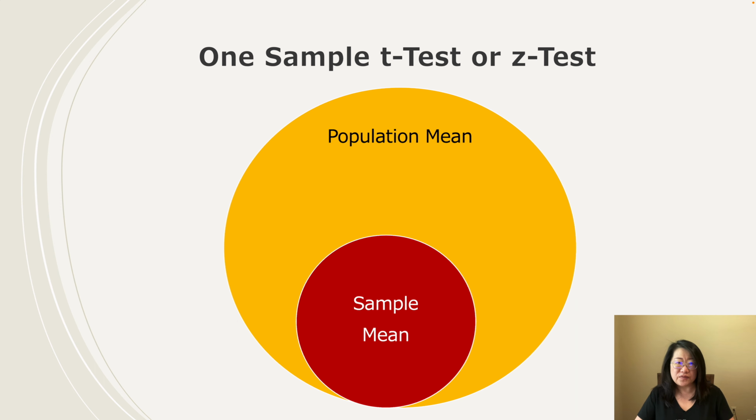For example, if you want to compare the SAT mean score for Jefferson County students and the SAT mean score of Texas at the state level, or even the United States, because Jefferson County is in Texas state, you will adopt the one sample test.